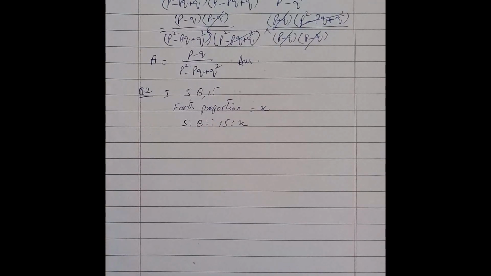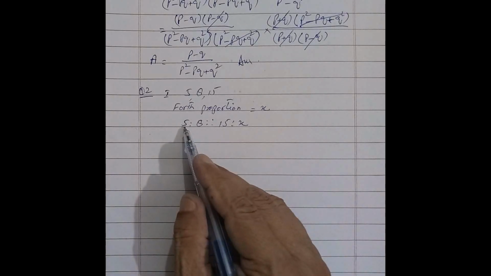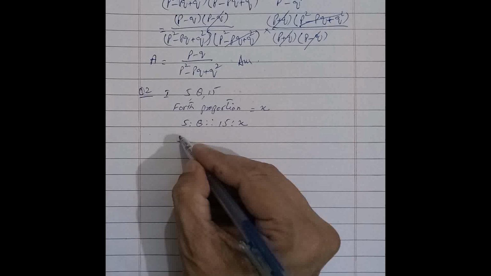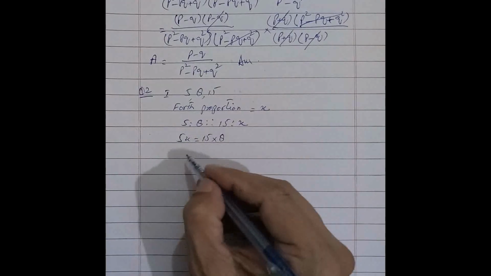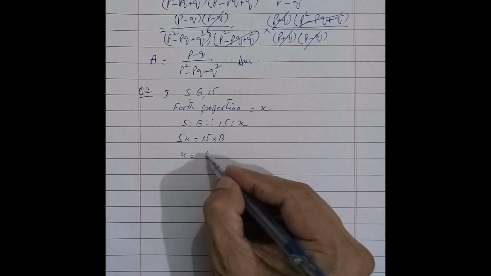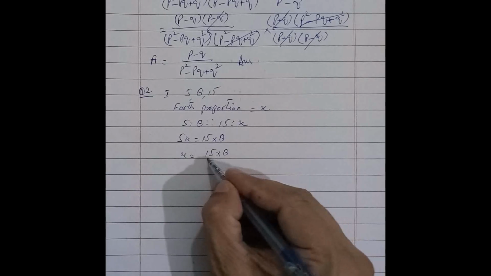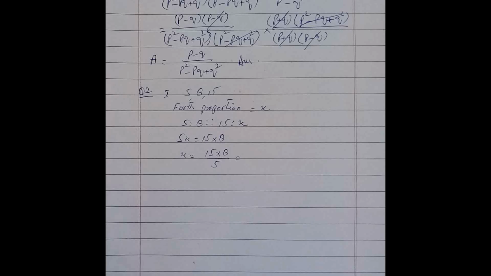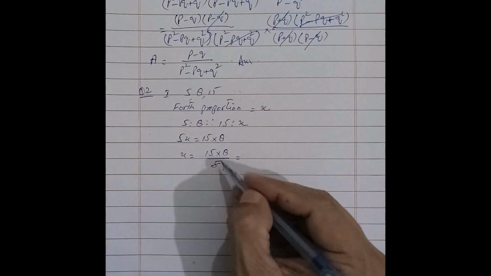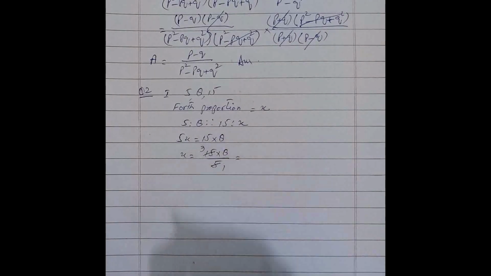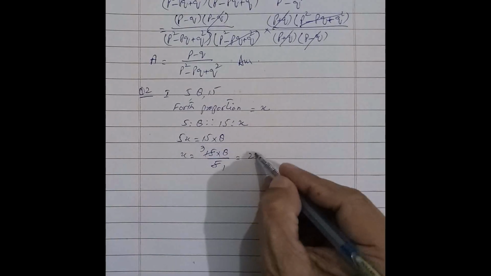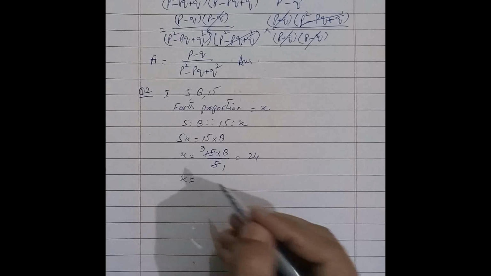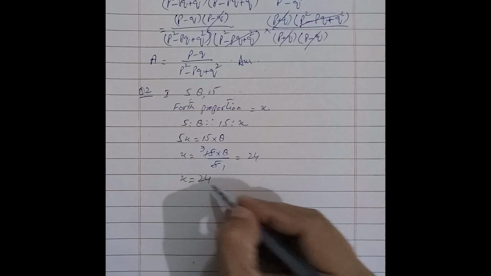The product of external values is equal to the product of internal values, so we multiply 5 multiplied by x is equal to 15 multiplied by 8, and x is equal to 15 multiply 8 over 5. Now we simplify these values. 5 ones are 5, 5 threes are 15, 3 eights are 24, and the value of x, which is the fourth proportion, is 24.